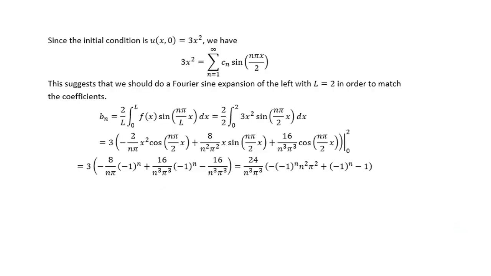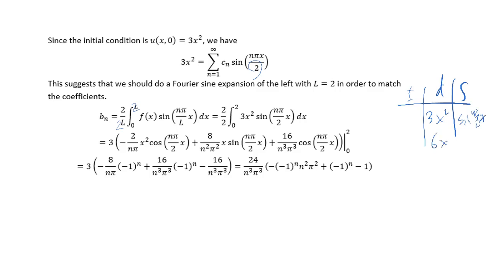Okay. Alright, so we calculate bn according to that formula. We know that the length L is 2 here because this is 2. And then the usual integration by parts with tabular. So you do the derivative and integral with plus minus, with 3x squared here, and then sine of n pi over 2 x here.